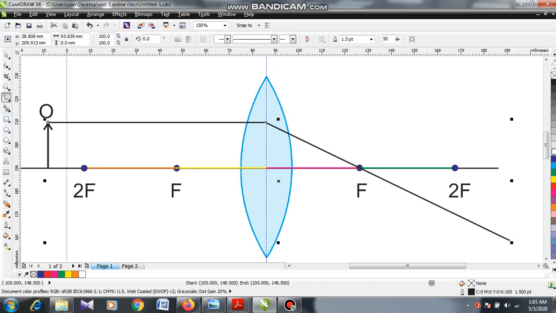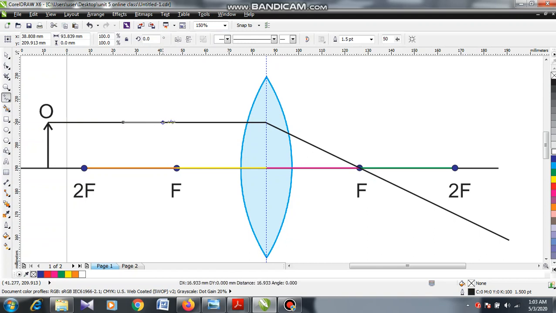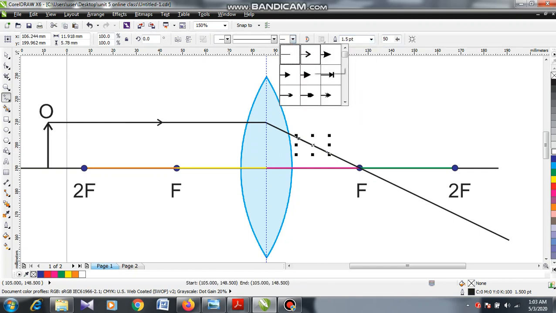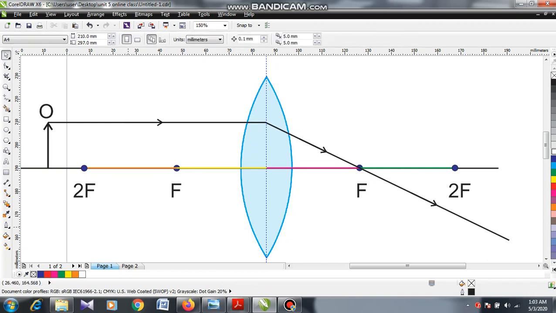Let me complete the arrows first. So it is completed in this manner.